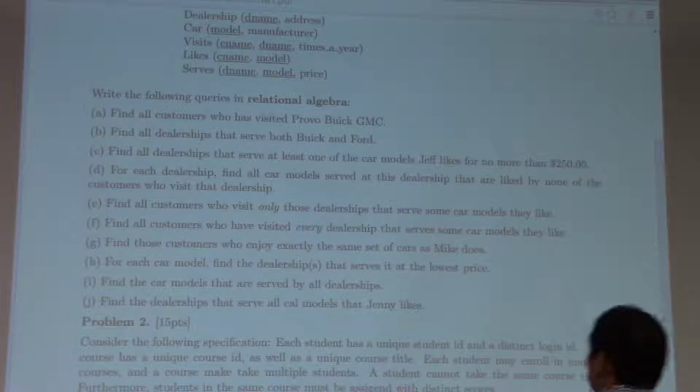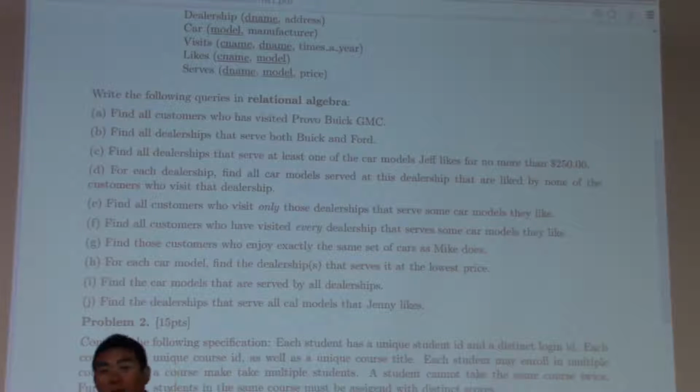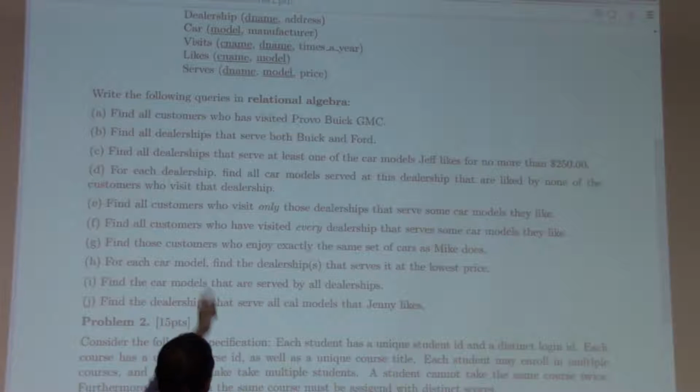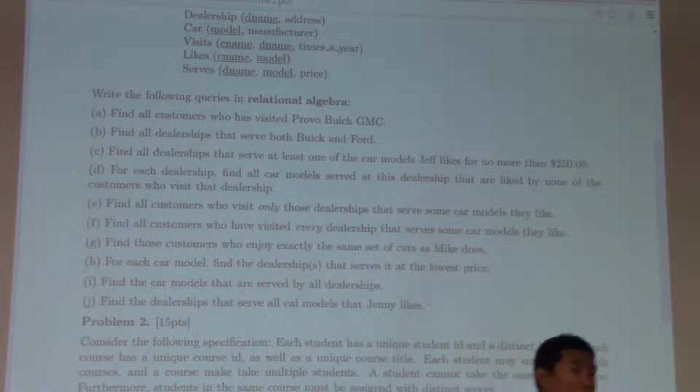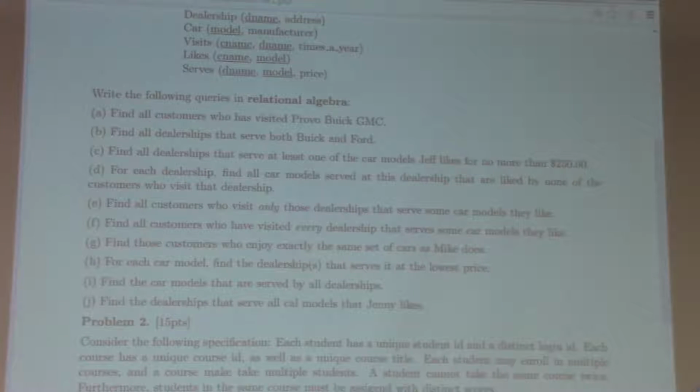So how do you solve this problem? Well, this is different from E in the sense that E says you find the customer who visits only those dealerships that serve some car they like. But there's a subtle thing over there.